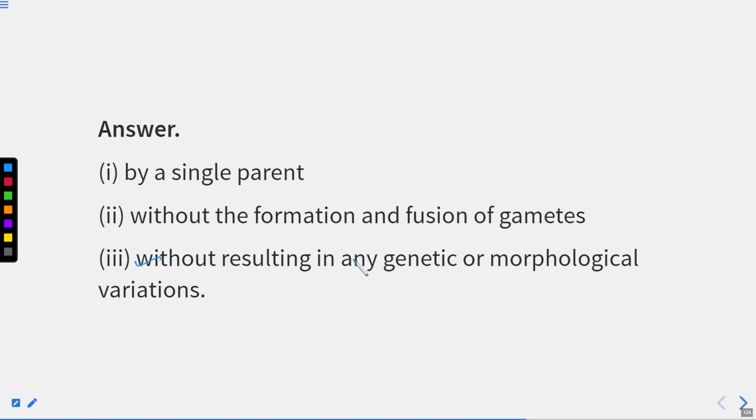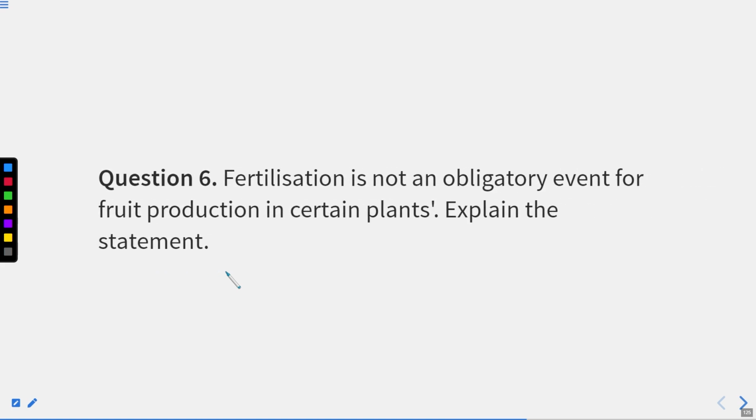This results in no genetic or morphological variation, because only one parent is involved, only one genome is involved, so there is no variation at the genetic or morphological level. That's why vegetative reproduction and asexual reproduction are similar.